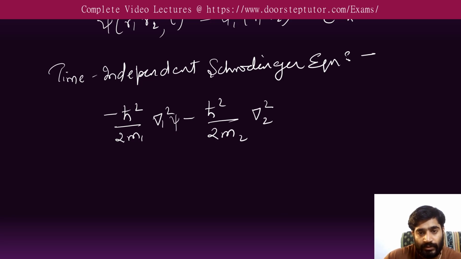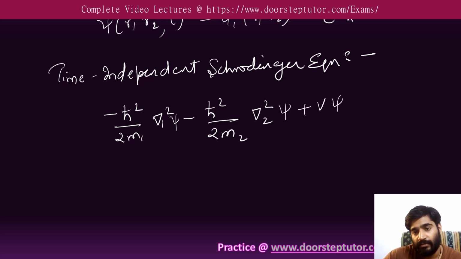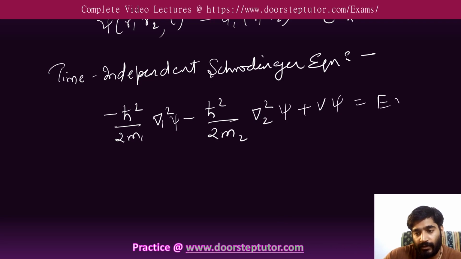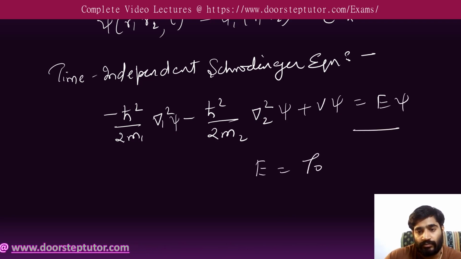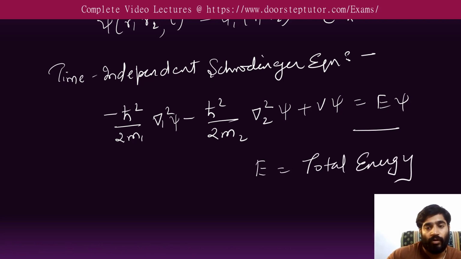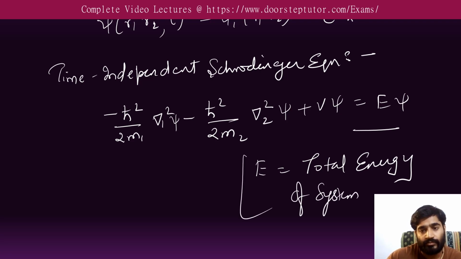So this is psi plus V psi must be equal to E psi, where E is the total energy of the system. Simple.